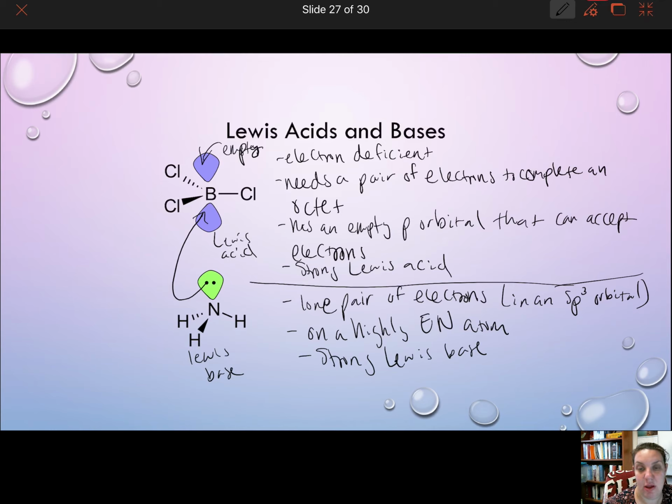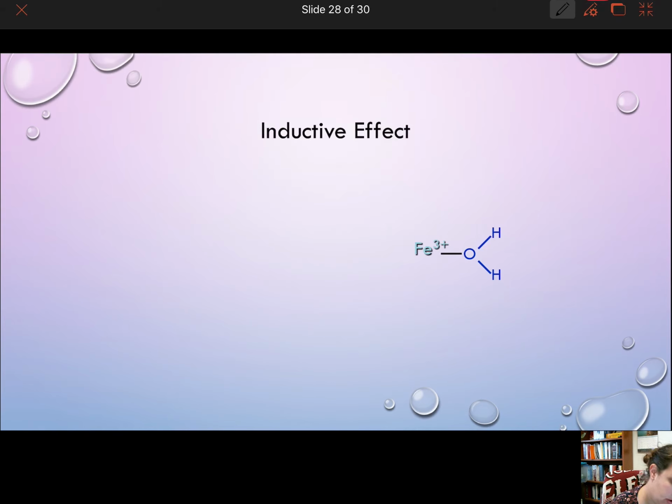As a note, metal ions are also often potential Lewis acids because they have all those empty orbitals. So metal ions are usually Lewis acids.